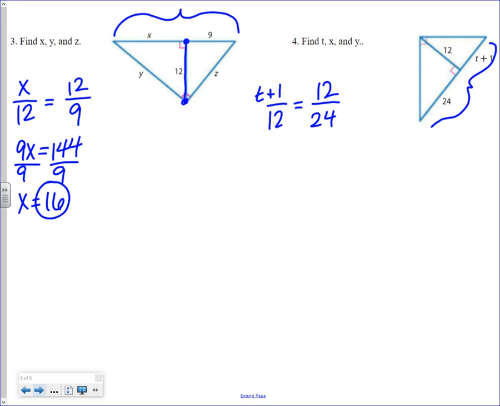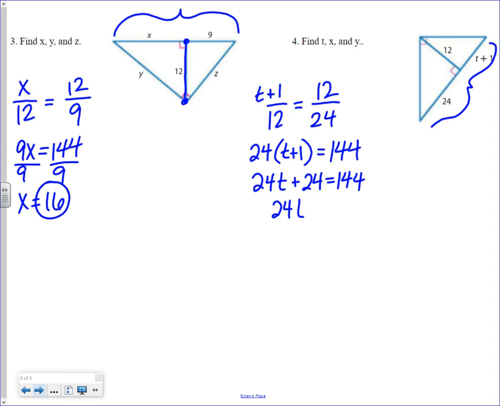If I'm going to solve this, the t plus 1 is a binomial, so you have to make sure you distribute the 24 to it. Everybody doing okay? All right, so this will be 24t plus 24 equals 144. Can somebody subtract that 24 over for me? So 24t equals 120. Now divide by the 24, and you get 5.